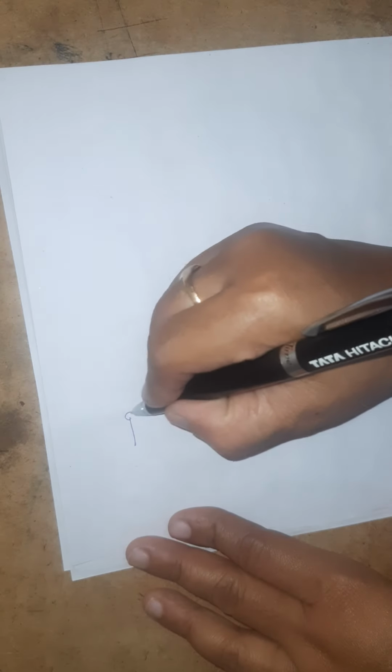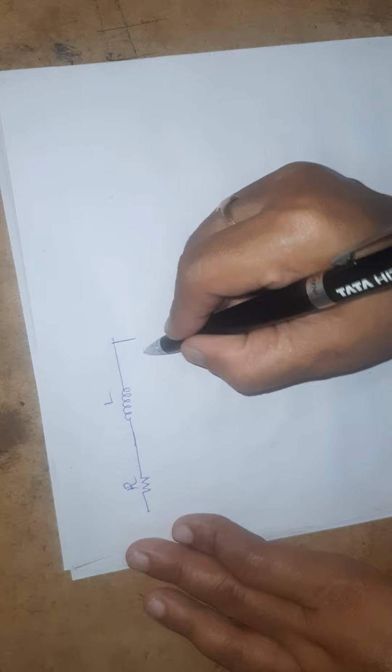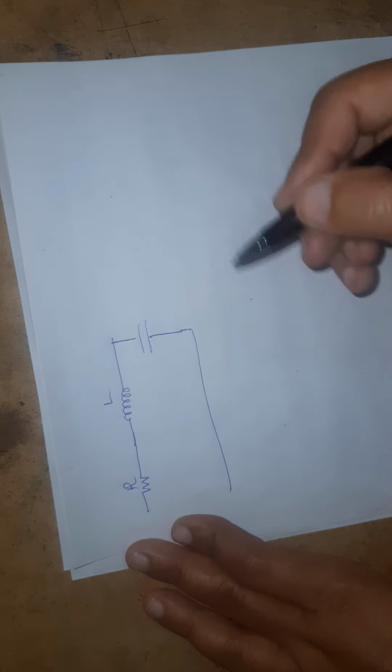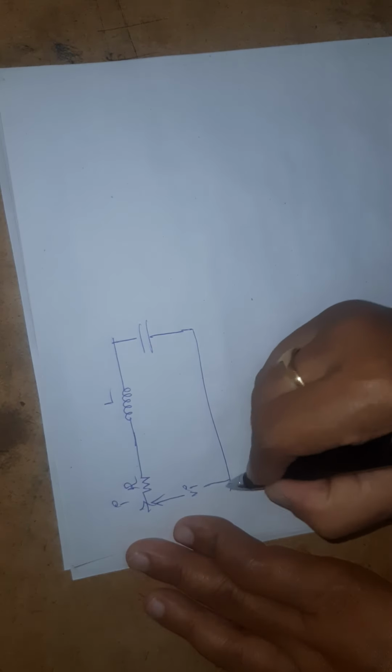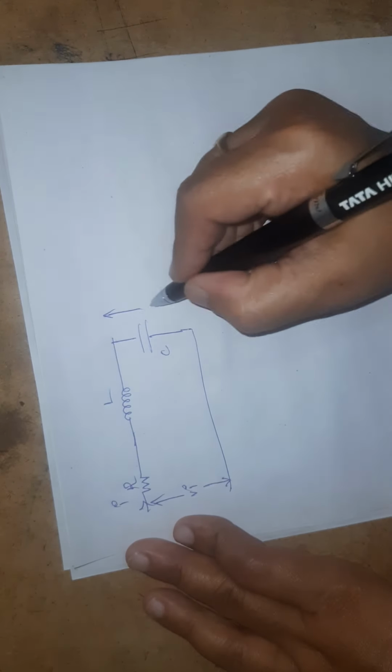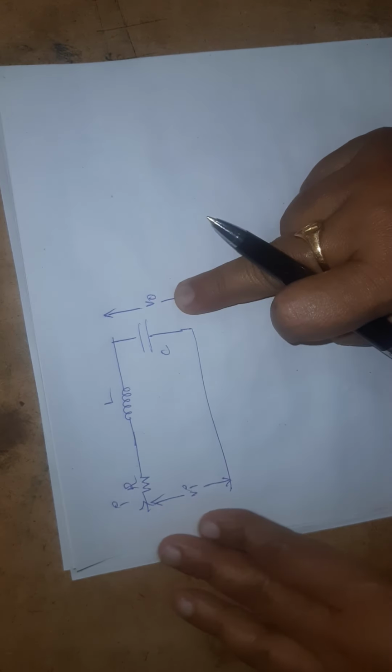Now I am going to give one problem. Just try to find the transfer function for a system which has R, L, C in series, and the current flowing is I, input is Vi, and output is V0.